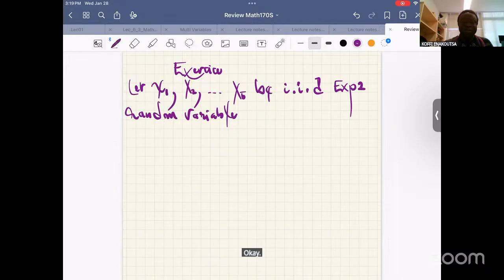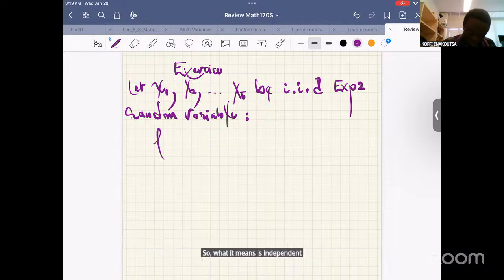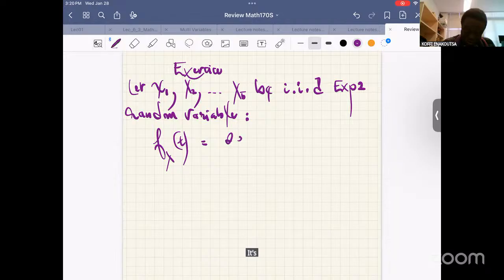That means they are independent and they are exponential type with a rate of 2. So what it means is independent and f_{X_i}(t) is actually 2e^{-2t} for t that is positive. It is 0 if t is negative.